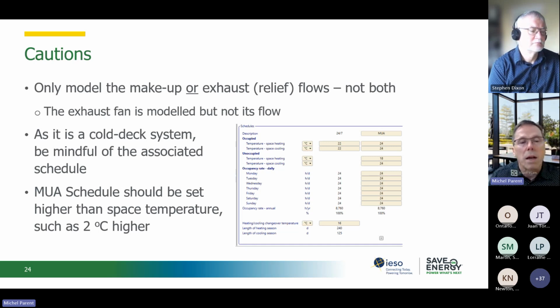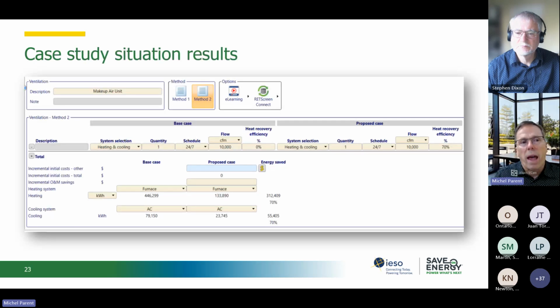Now, if you have exhaust only, you don't have a makeup system, then let's go back here, and an exhaust fan would be defined the same way, but you do not have to define a different schedule. Because this exhaust fan is not linked to a makeup air unit, the building just goes negative pressure.